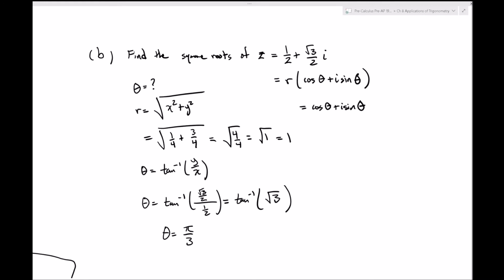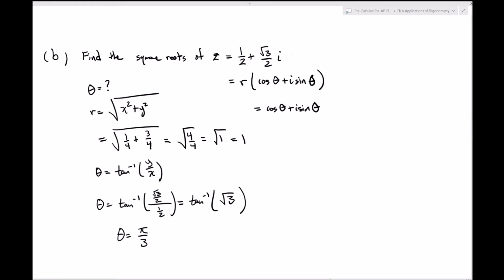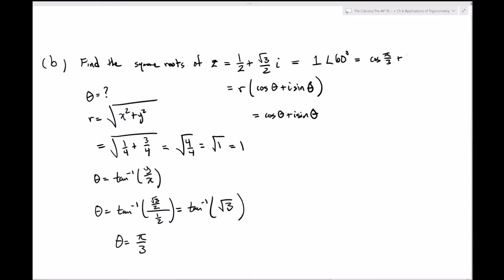So I'm doing a lot of work just to find out what this is in polar form. So that's 1, and the angle is 60 degrees, or cosine pi over 3 plus i times sine pi over 3. That's what we want to find the square roots of. So I'm going to graph that.